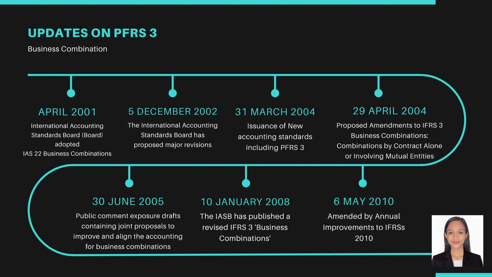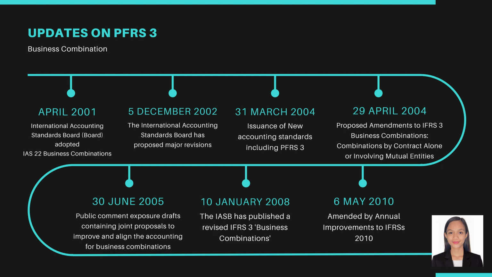So, yun nga, some of the significant amendments to IFRS 3 first is the acquisition costs. Costs of issuing debt or equity instruments are accounted for under IAS 39 or the financial instrument recognition and measurement. All other costs associated with the acquisition must be expensed. Yun nga, pag-aralan natin na may mga certain costs na ini-expense and kinakapitalize, including reimbursement to the acquiree for bearing some of the acquisition costs.